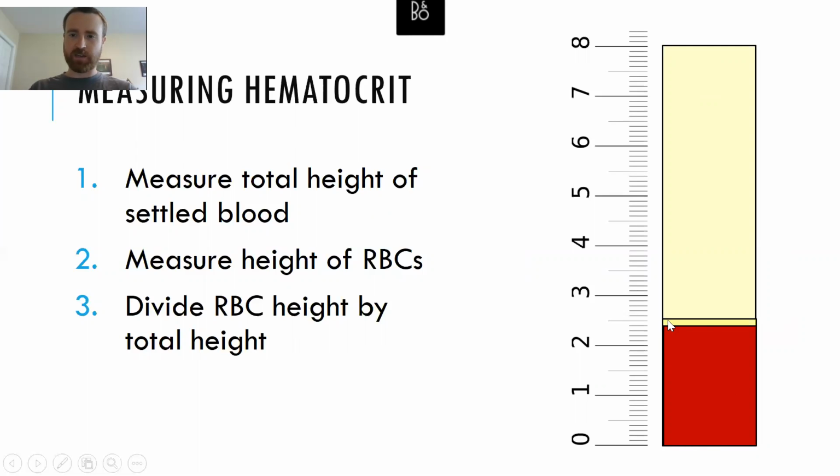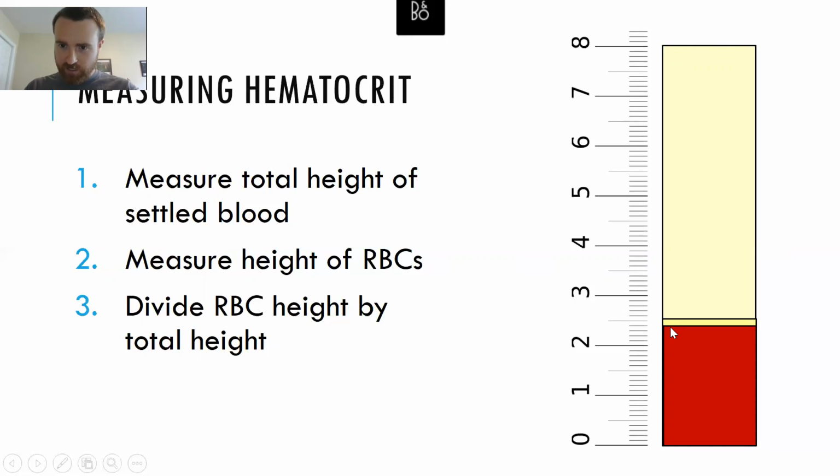This little thin, darker yellow thing is the white blood cells and the buffy coat. The whole height is 8, and this is not any particular unit of measurement. It doesn't matter what unit you use because you're just dividing height by height, so the units cancel out.